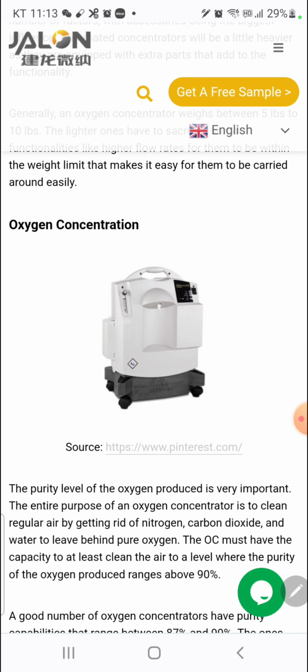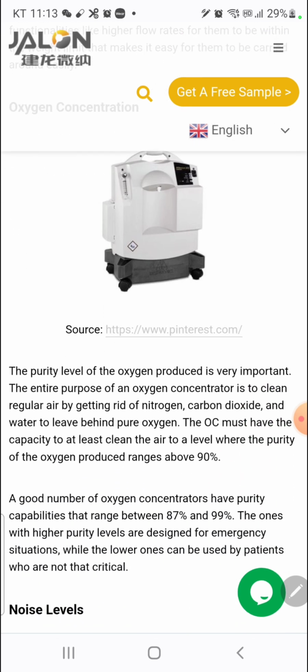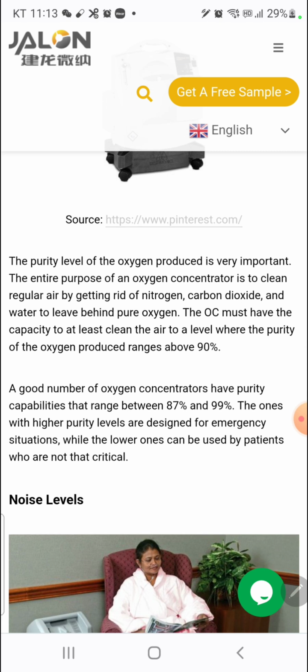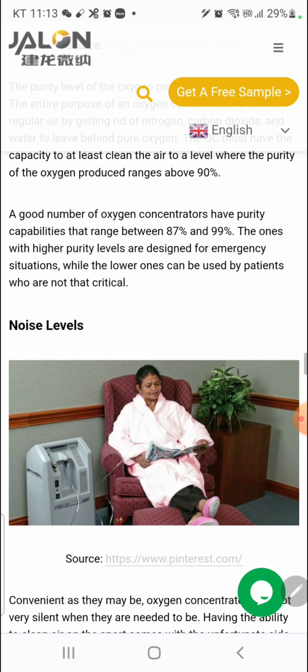Functionalities. Oxygen concentration. The purity level of the oxygen produced is very important. The entire purpose of an oxygen concentrator is to clean regular air by getting rid of nitrogen, carbon dioxide, and water to leave behind pure oxygen. The OC must have the capacity to at least clean the air to a level where the purity of the oxygen produced is above 90%.